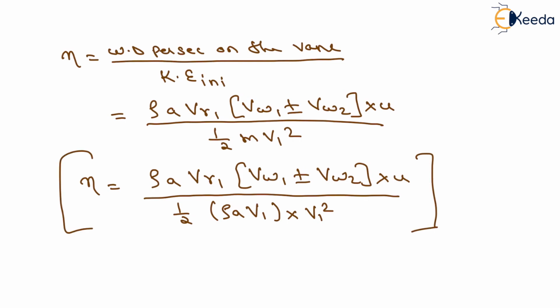So the formula of efficiency will become rho into A into Vr1 in bracket Vw1 plus minus Vw2 into u upon half of rho into A into V1 cube. That is all about the force exerted by a jet of water on an unsymmetrical moving curved plate when jet strikes tangentially.